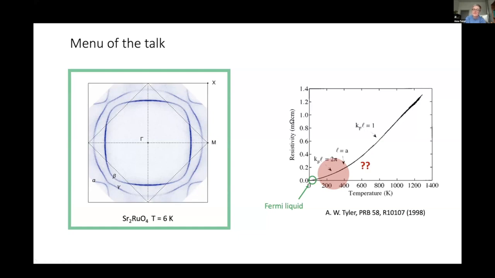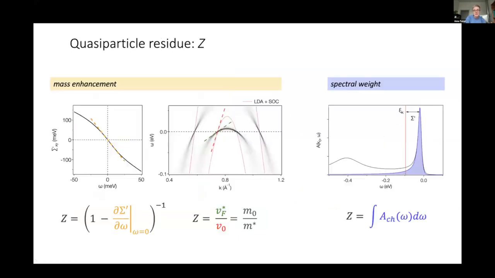The quantity that I try to extract from experiment to measure how healthy these quasi-particles are is the quasi-particle residue Z. If you have the self-energy, you can define Z from the slope of the real part of the self-energy. This is the definition: you take the slope at omega equals 0, and you get the quasi-particle residue.